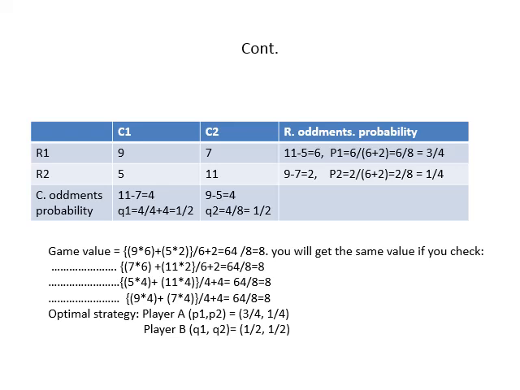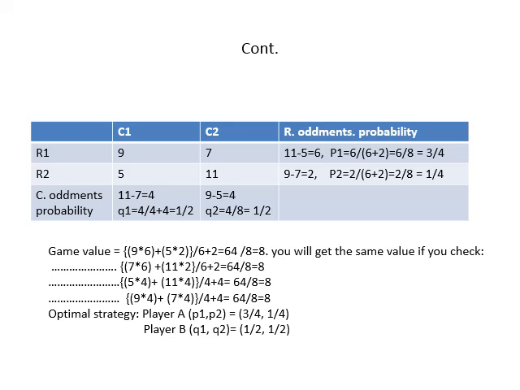So the difference between 11 and 7 is 4. Now the oddments of C2 is the difference between the values in C1.